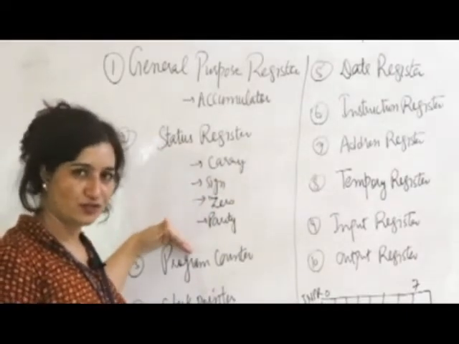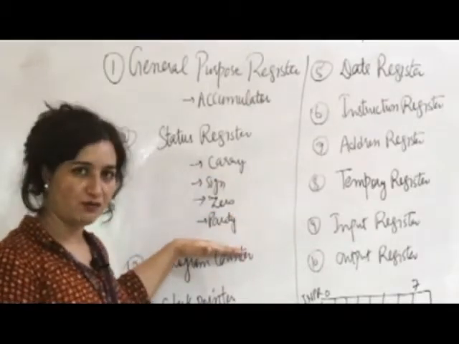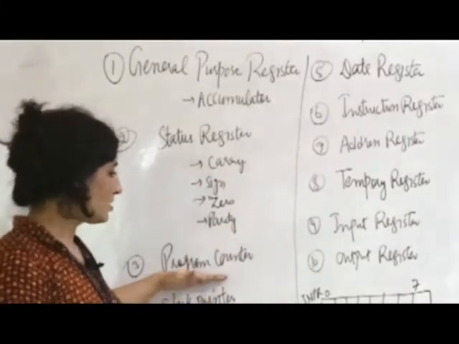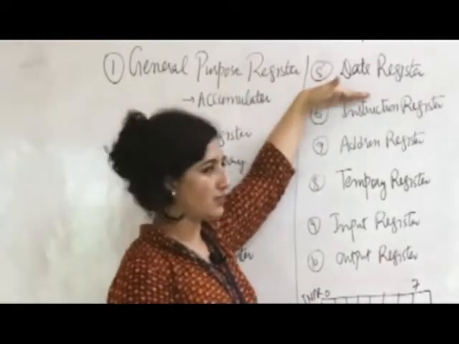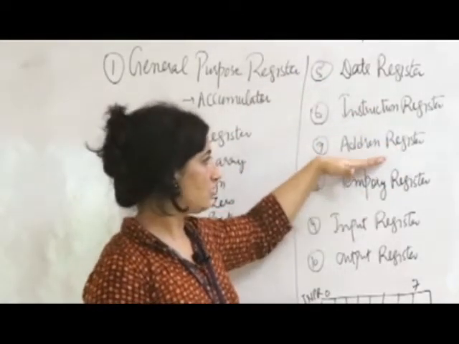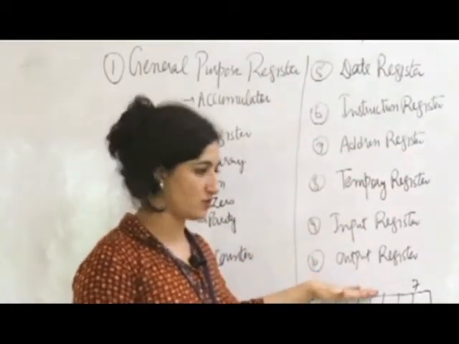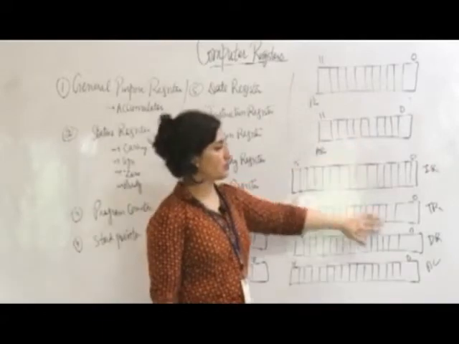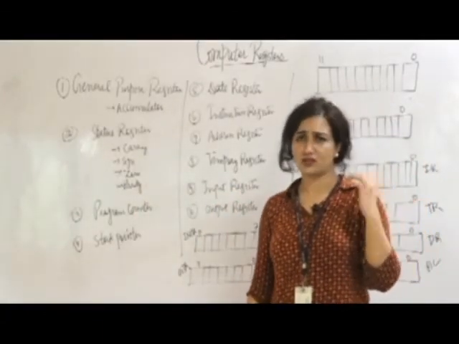These are the 4 types of status flags: carry, sign, zero and parity. We will discuss one by one. The next are the program counter register, stack pointer register, data register, instruction register, address register, temporary register, and input and output registers. And these diagrams show the different sizes of registers. We will discuss one by one.